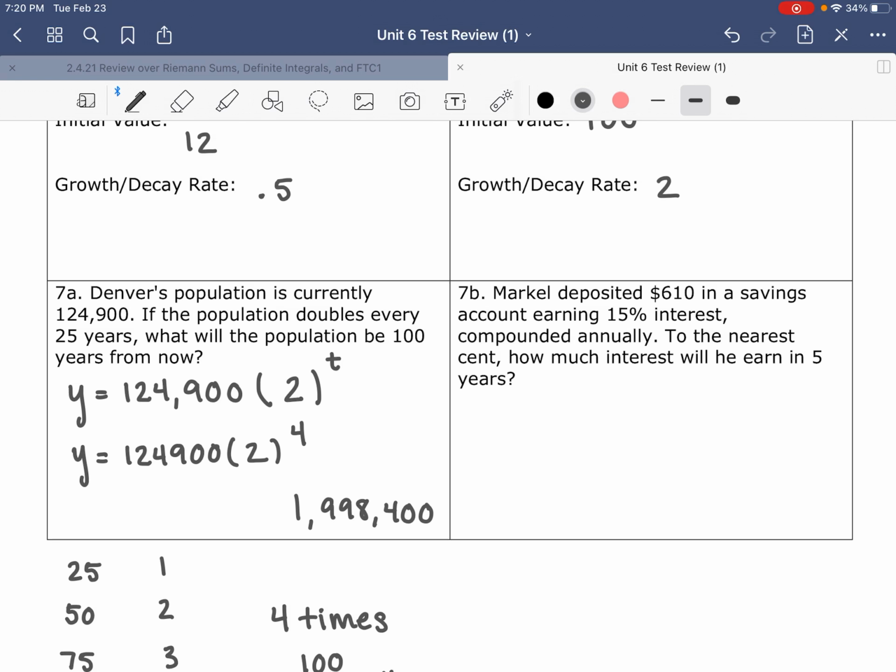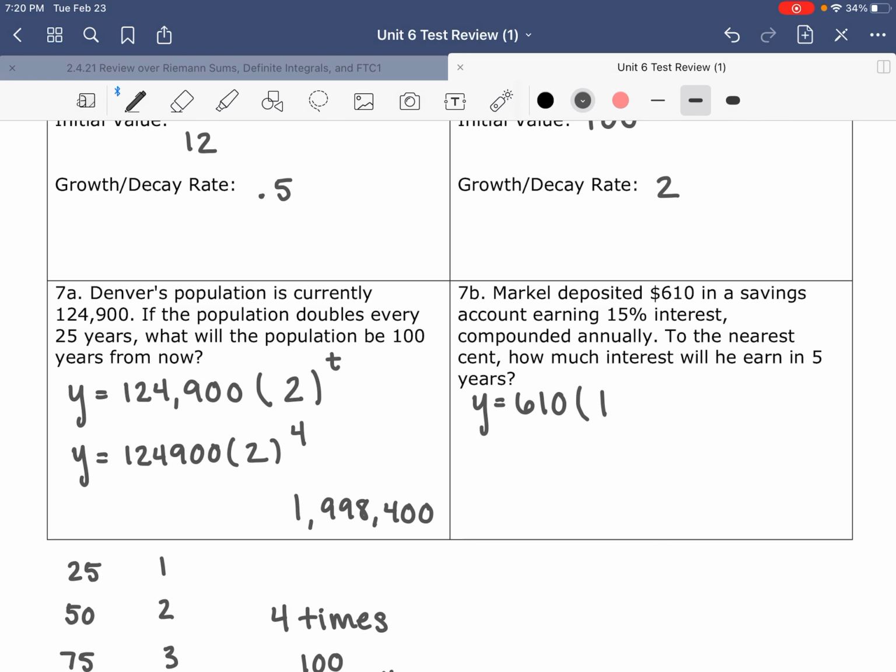And last one, 7B. Markel deposited $610 into a savings account, earning 15% interest. To the nearest cent, how much interest would he earn in 5 years? Okay, so we know he's starting with $610. That's our initial amount.